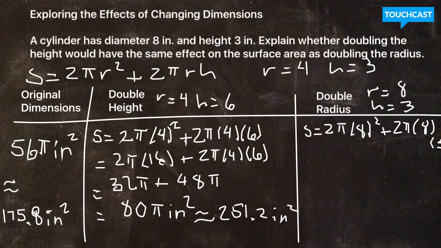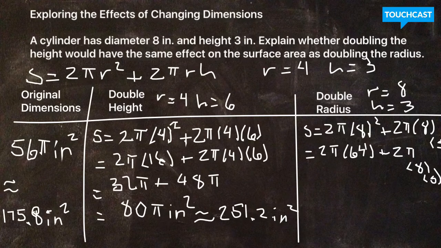Well, 8 to the power of 2 is 64, so we have 2 pi times 64 plus 2 pi times 8 times 3.